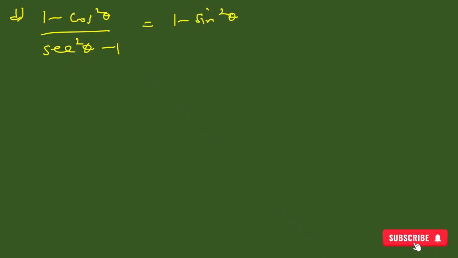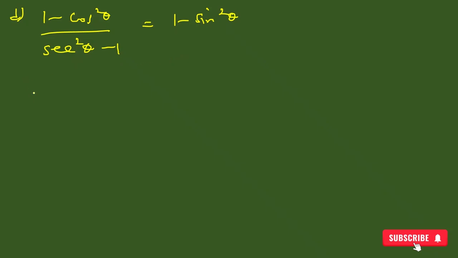Another example, if we have to prove that 1 minus cos squared theta over sec squared theta minus 1, we want to prove that this is equal to 1 minus sine squared theta.